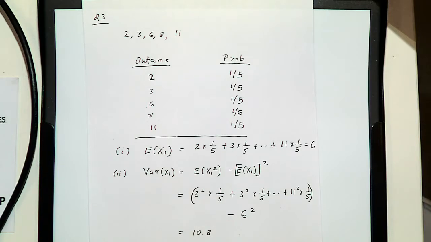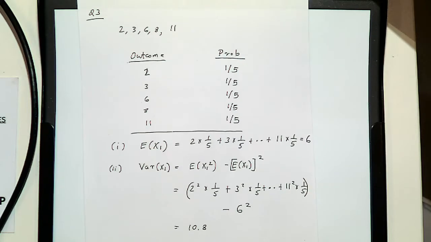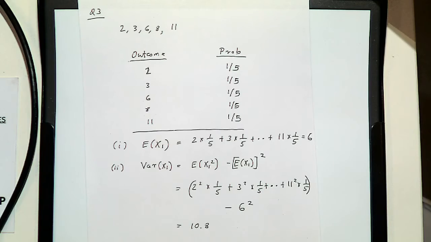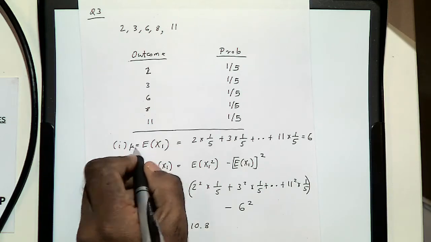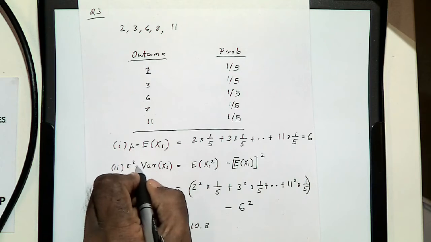Now the third part is, considering all possible samples, calculate the mean and the variance of the sampling distribution of x bar. We can answer this without actually doing all possible samples, because you know this is your mean and this is your sigma squared.